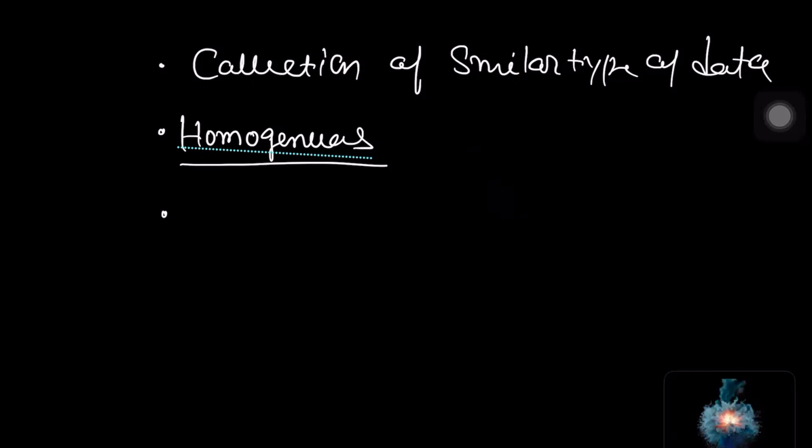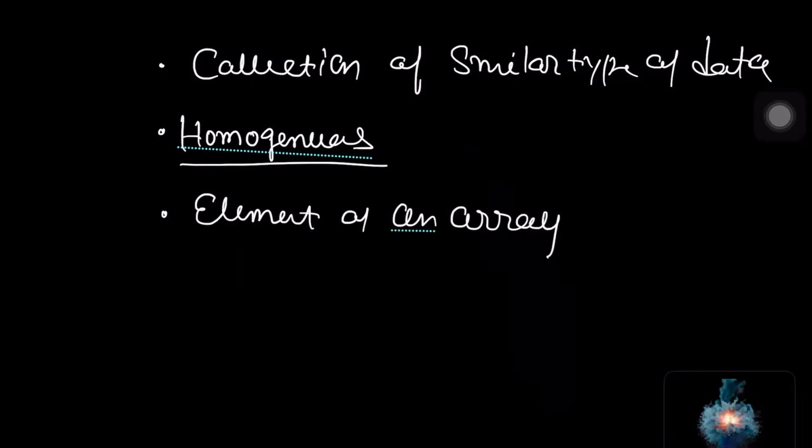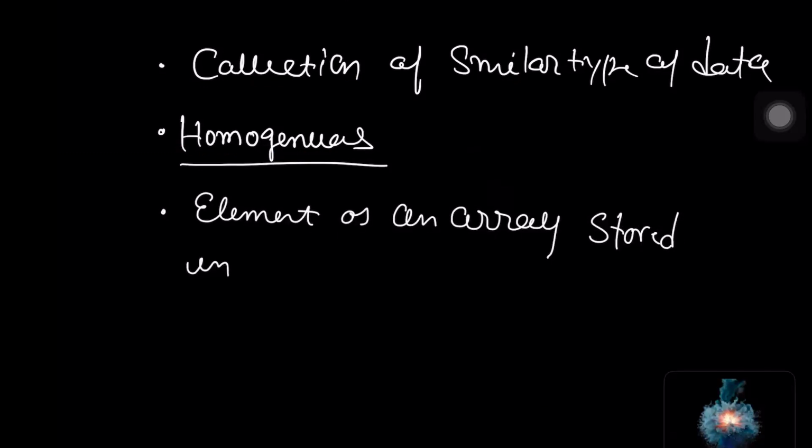Elements of an array are stored in linear fashion or contiguous memory location.